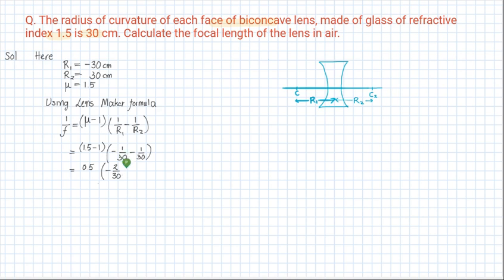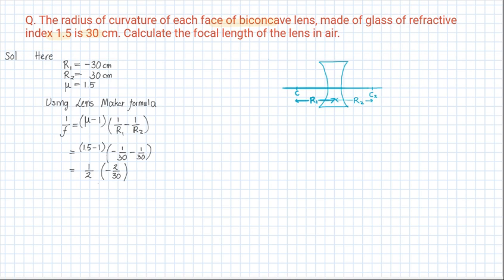Now this 0.5 I can also write as 1 by 2, to make the calculation easy. If you look carefully, this 2 and this 2 can get cancelled.